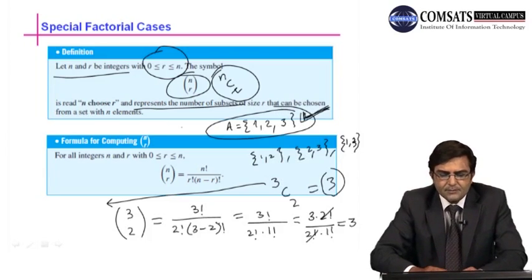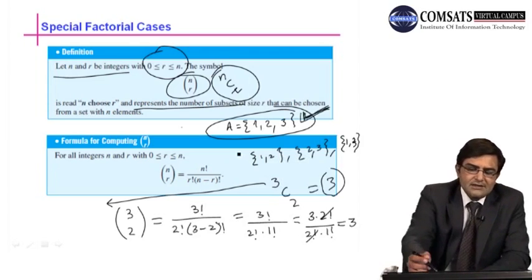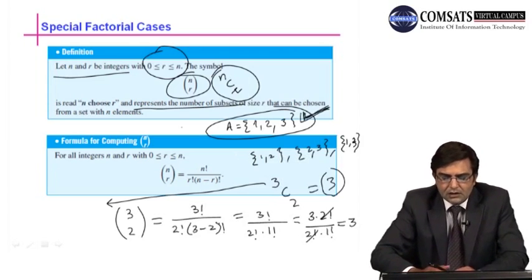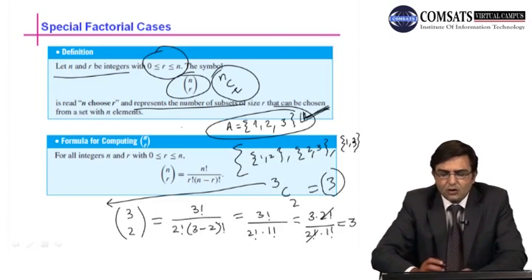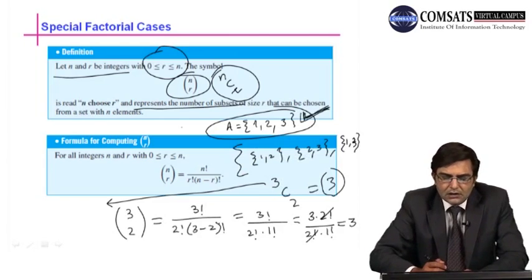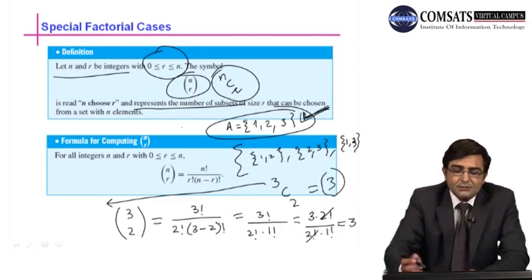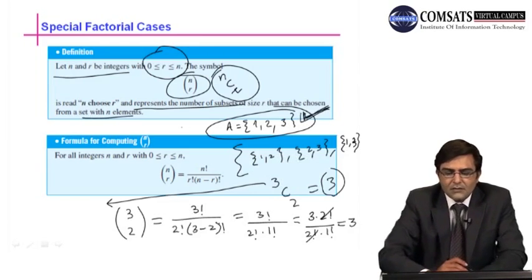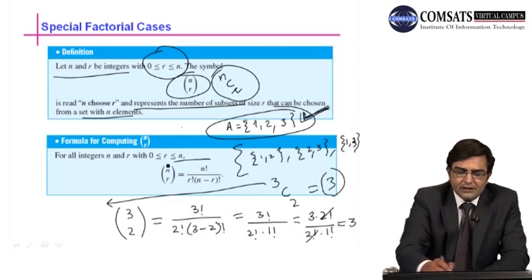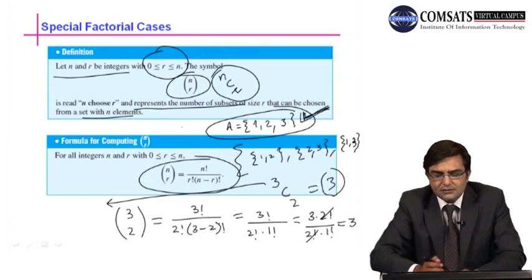This is basically n choose r, or combinations. We also call it combinations or nCr, and all possible subsets of size r that can be chosen from a set of size n can be calculated by using this formula.